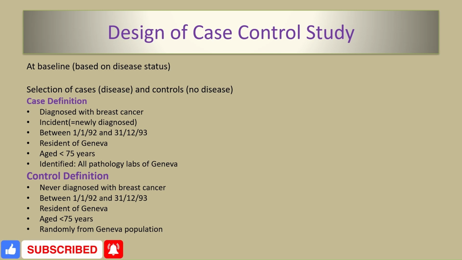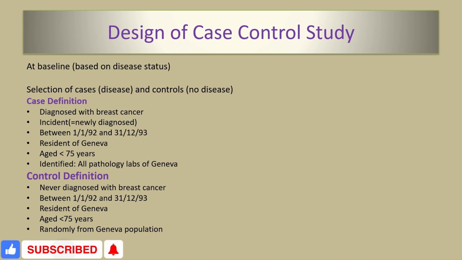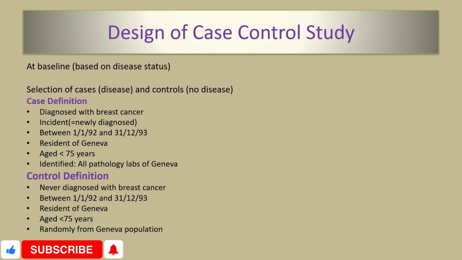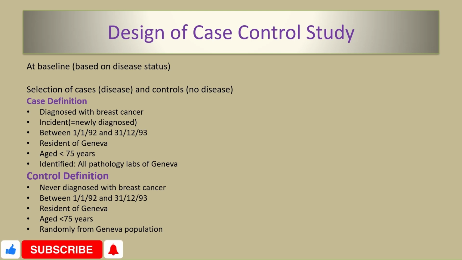The definition of controls: never diagnosed with breast cancer between 92 and 93, resident of Geneva, aged less than 75 years, selected randomly from the Geneva population.